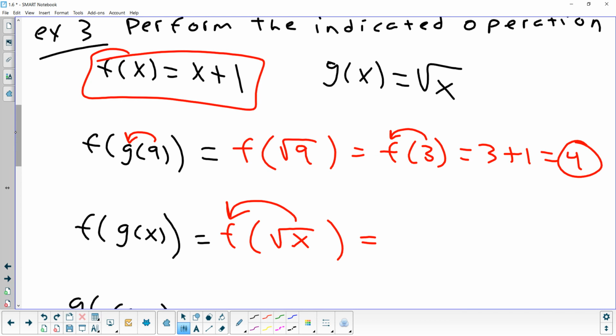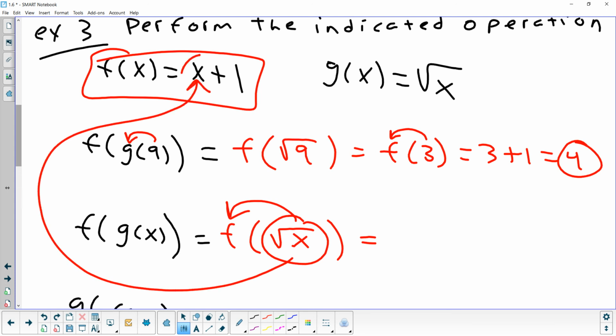So take that and put it right there. Oh, so square root of x plus 1. Yeah, square root of x plus 1. And that's f of g of x.